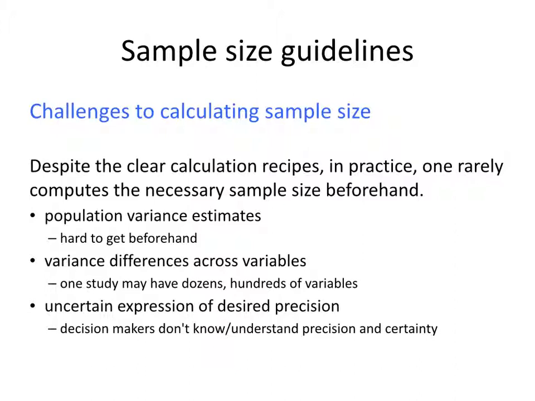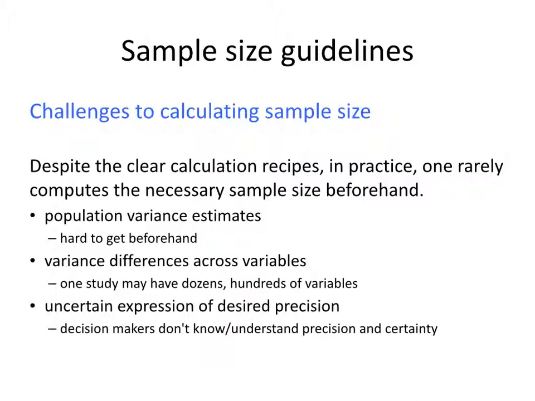A second challenge is that almost all research has multiple variables, and those variables will have different variances in the population. So if you want to have a certain level of precision and confidence for all the variables, then you need to make sure that the sample is large enough to handle the one measure that has the most variance in the population.